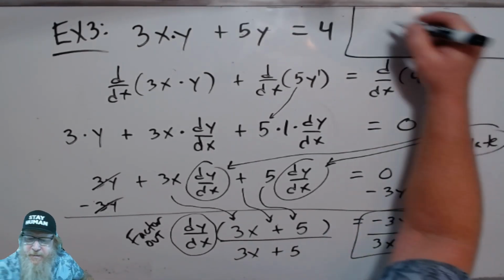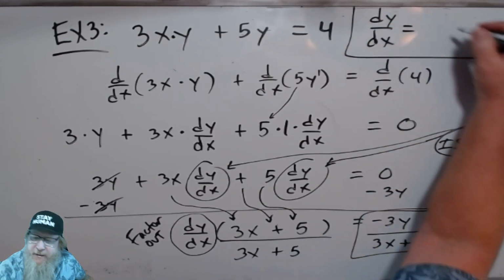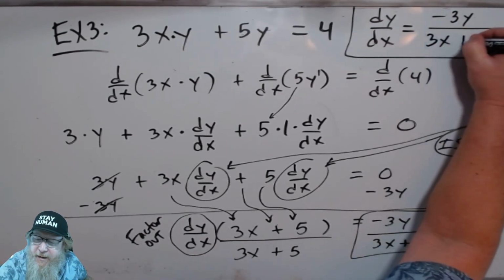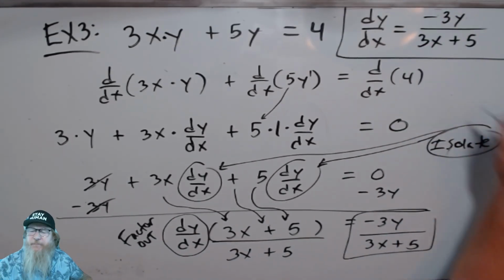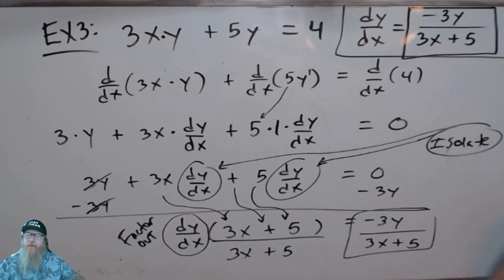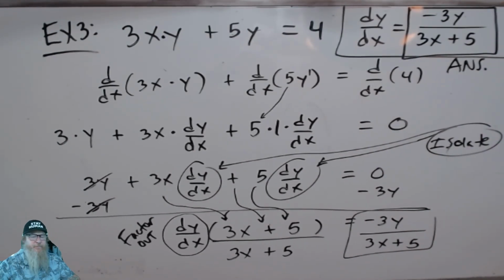So dy dx is negative 3y over 3x plus 5. There you go. That's my answer.